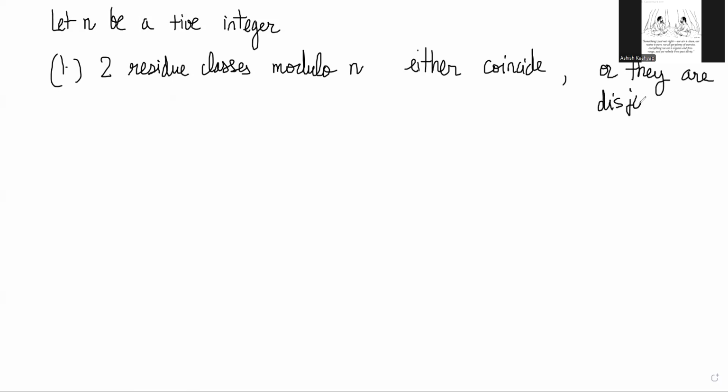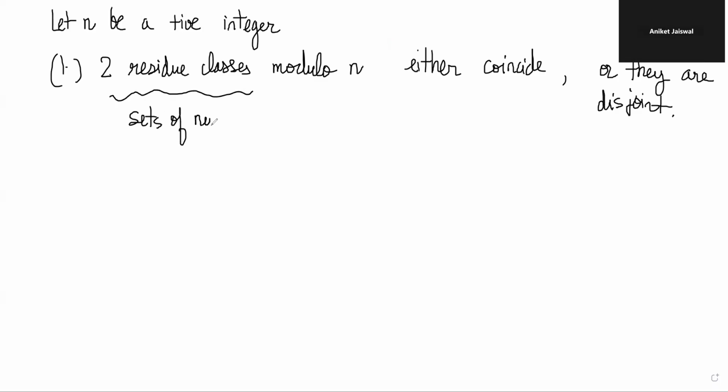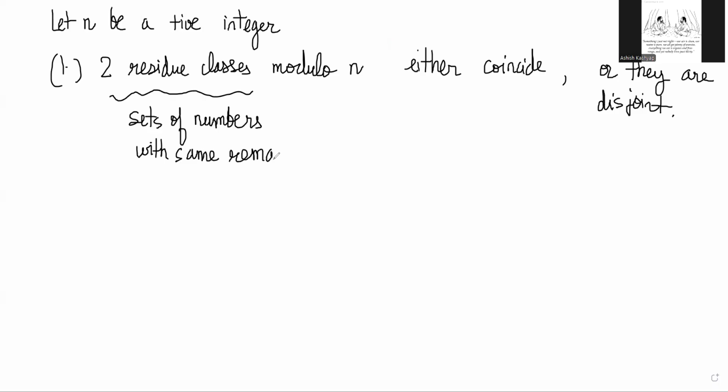So first of all, remember what we mean by residue classes. Residue classes are sets of numbers with the same remainder when divided by n.